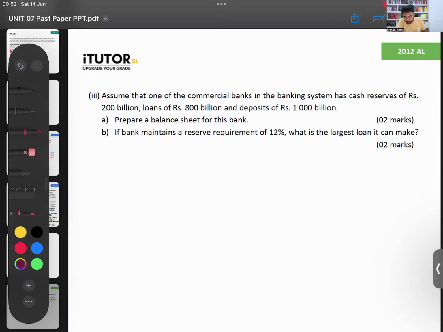So part A, when you're preparing the balance sheet, you all know, remember, this side is the liabilities. Because the question itself is telling you to prepare the balance sheet, you're not making a rough balance sheet. Then this side is assets. Then you have reserves of 200.